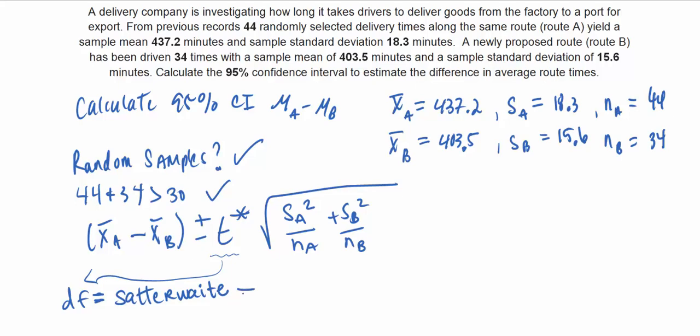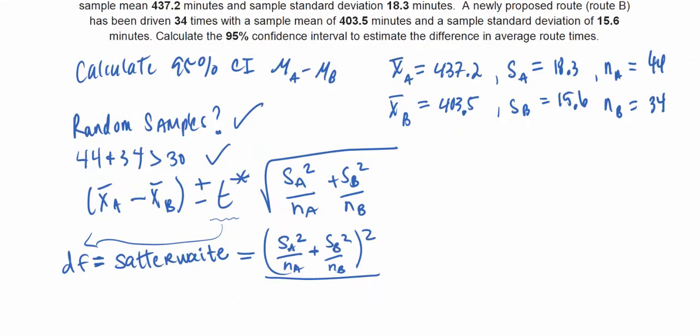This is equal to the formula, which is pretty nasty: SA squared over NA plus SB squared over NB, all squared, divided by the denominator, which is SA squared over NA, all squared, over NA minus 1, plus SB squared over NB, all squared, over NB minus 1.